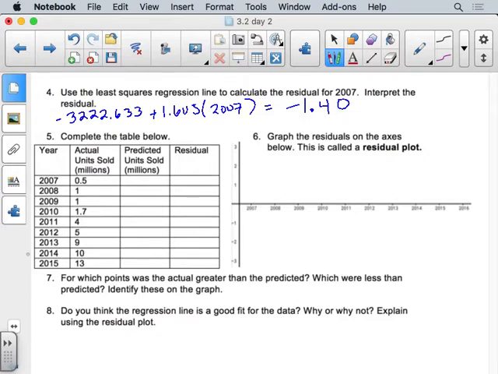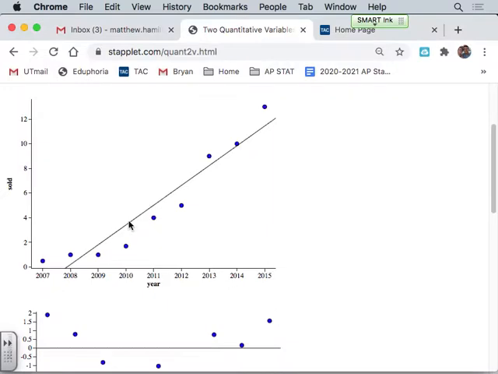That's so weird. We're predicting negative 1.4 million units sold, which shows how bad our least squares regression line is for that prediction. Let's look at our Staplet graph.